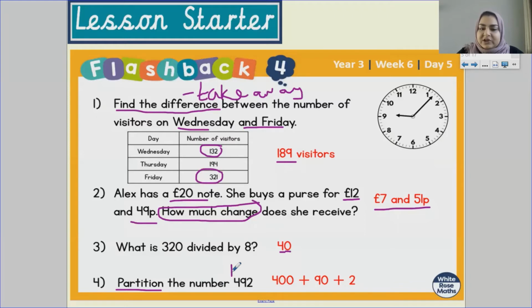The way to partition it is by partitioning it into our place value positions, by doing our 100s, 10s and 1s. So 492 means 400, 90, and then 2. So that is the answer you should have got. Well done for that.